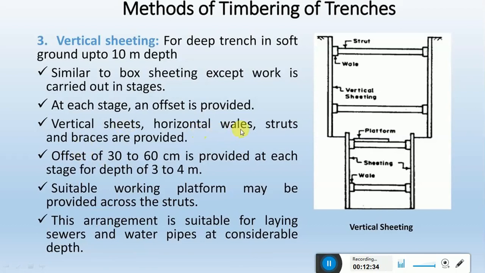Vertical sheets, horizontal wales, and struts and braces are provided. It is similar to the last diagram. Offsets of 30 to 60 centimeters are provided at each stage for a depth of 3 to 4 meters. Here you can see the offset which is provided. This is the difference between the box sheeting and this vertical sheeting method.